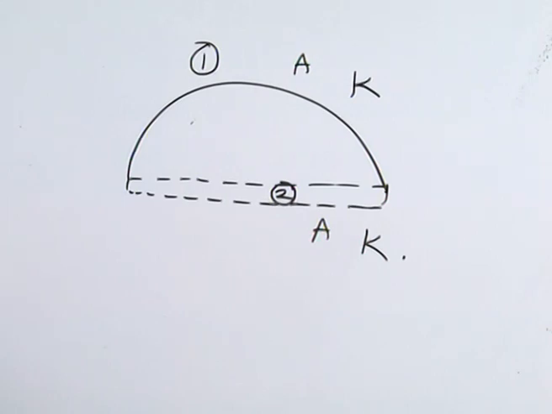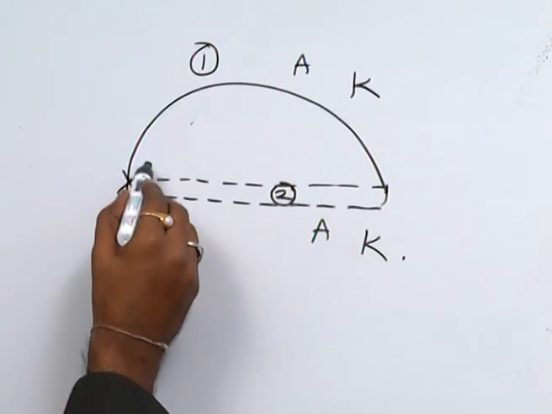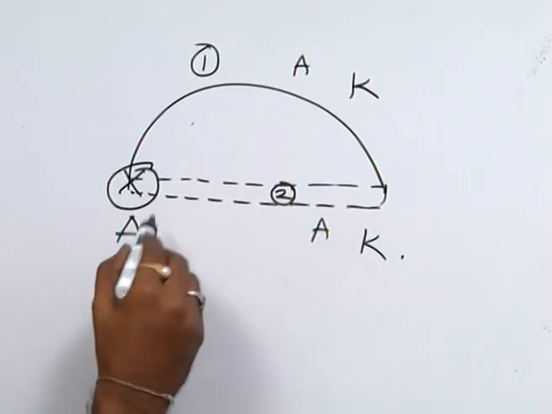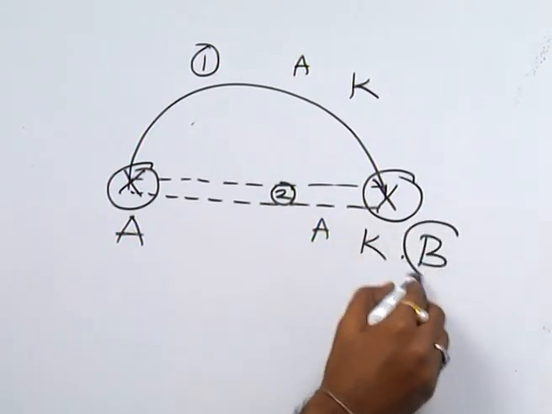He is asking the ratio of heat transferred through the cross section of the semicircular rod to the heat transferred through the cross section of the straight rod. It is given that the junctions are maintained at different temperatures. So this is junction 1, I am calling it A here. This is junction 2, this is B.